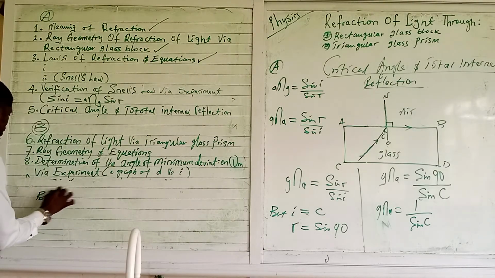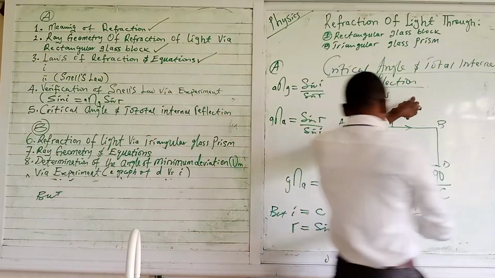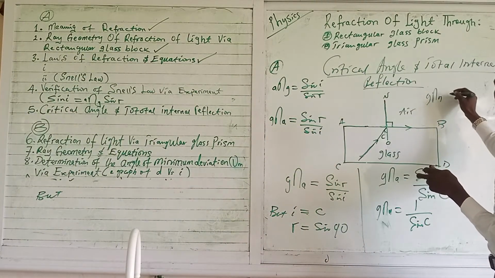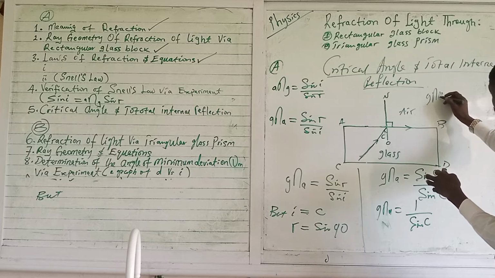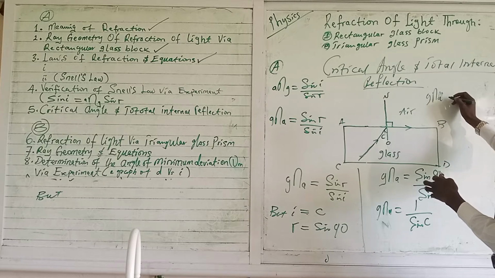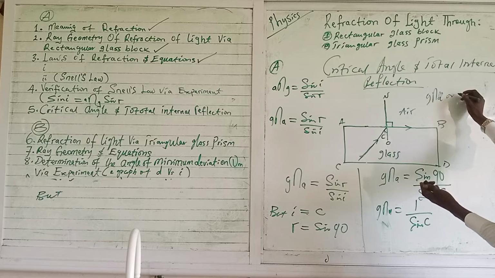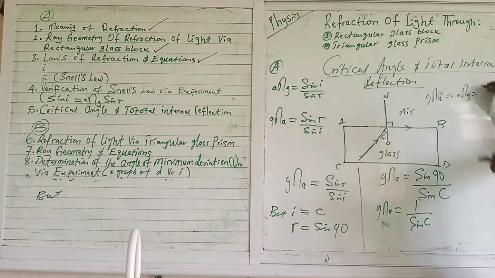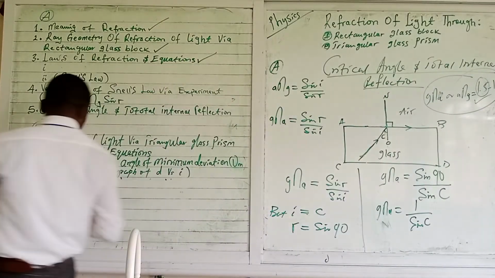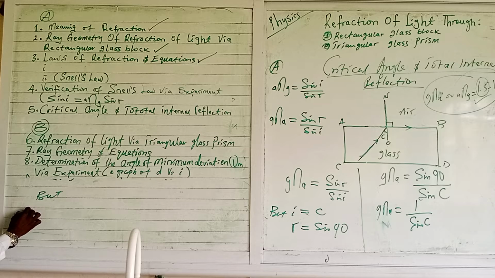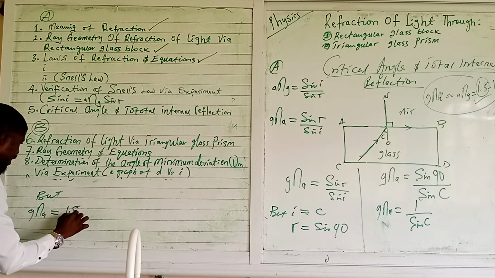But we said that the refractive index of a glass material, be it air to glass or glass to air, must fall in the range of 1.5 to 1.7. That was the statement we made here. So in this case, we are choosing gna equal to 1.5.